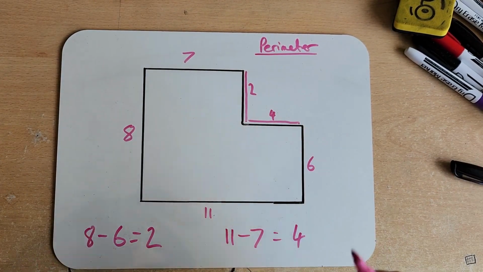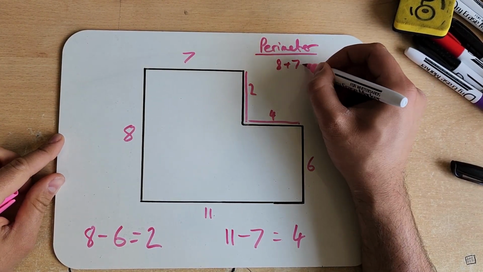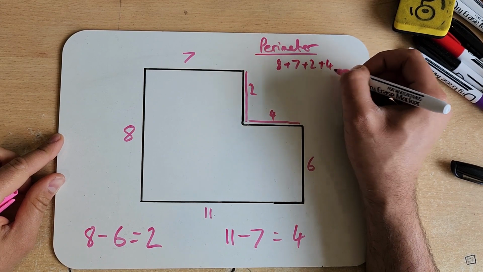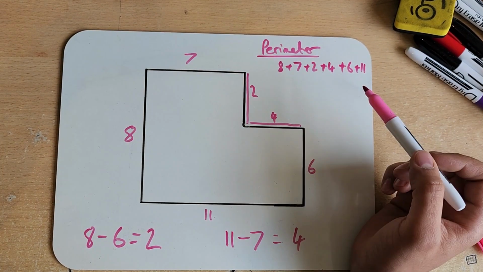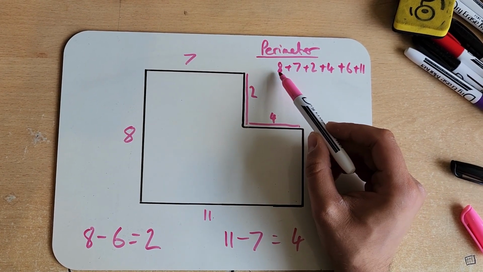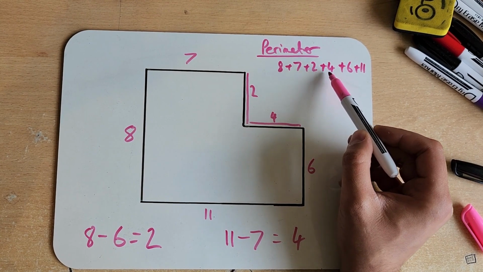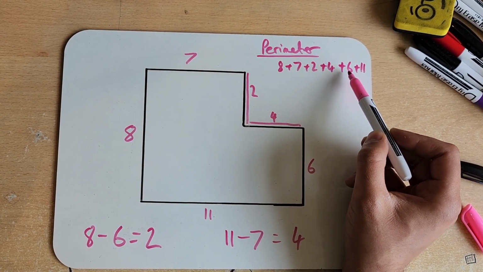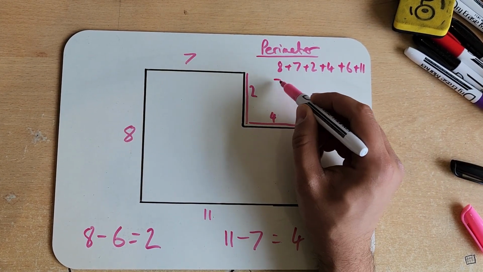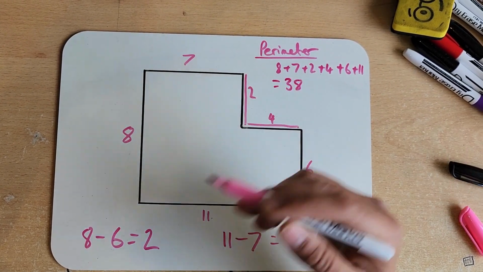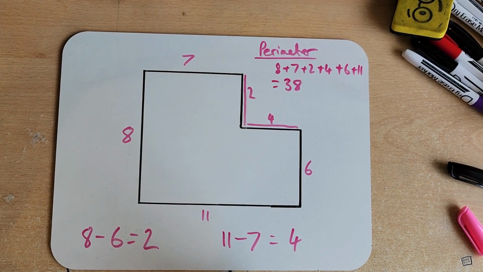Now most students will say, right, find the perimeter, let's add everything up. 8 plus 7 plus 2 plus 4 plus 6 plus 11. So if we do this, we have 8 plus 7 is 15, plus 2, 17, plus 4, 21, plus 6, 27, plus 11 is going to be 38. Okay, not a problem. But is there a quick way of doing it? There actually is.